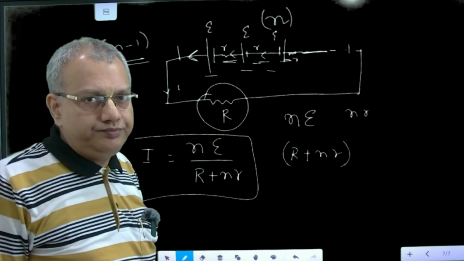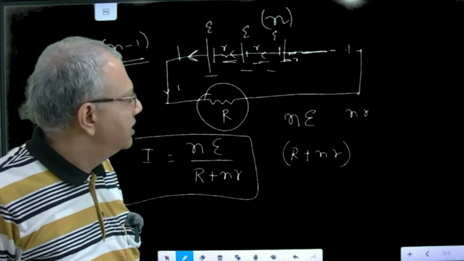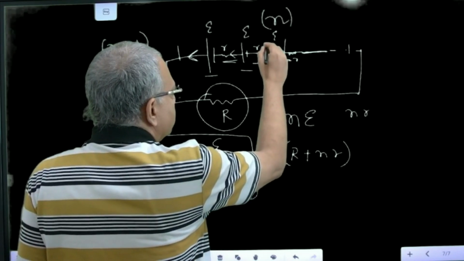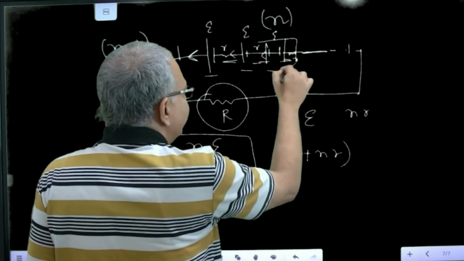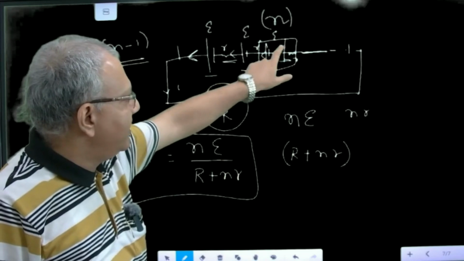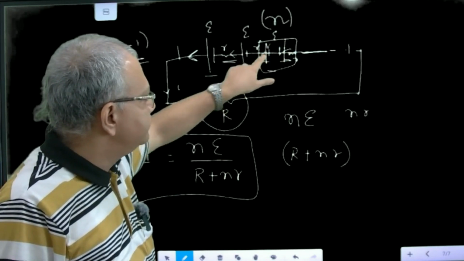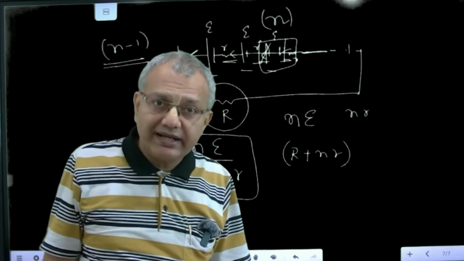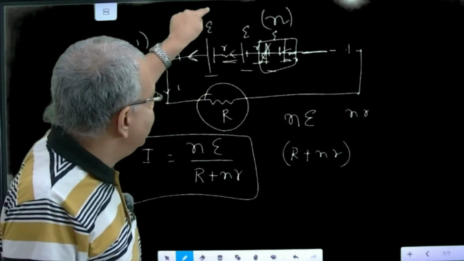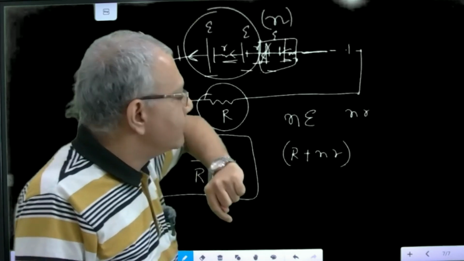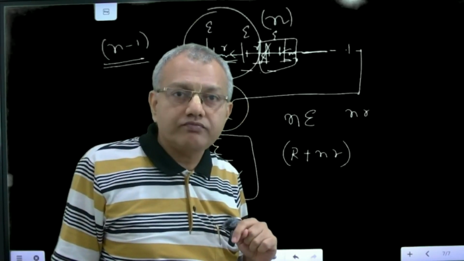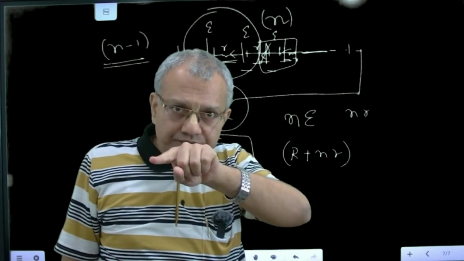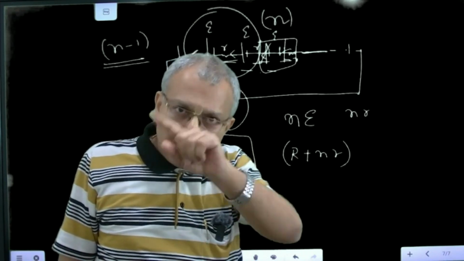So what happens here? If I draw two cells side by side, this cell and this cell will cancel each other. The effect of the cells gets cancelled. So what is the effective number of cells? If I inversely connect one cell, that cell is going to cancel another cell.